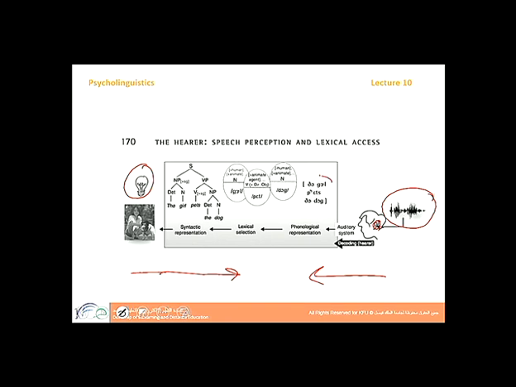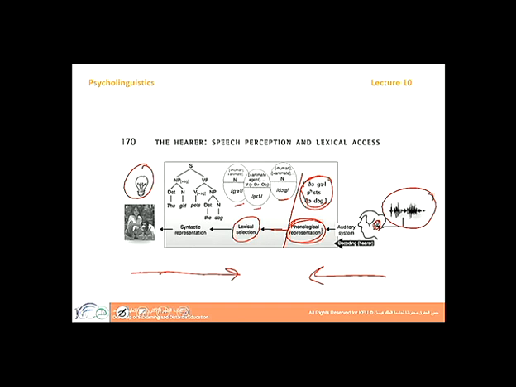And then we start with the phonological representation. So basically we hear sounds. At this stage, these are not words. Maybe they're not yet lexical items. They're just sounds. Then we translate this phonological representation, this sound, to lexical items.